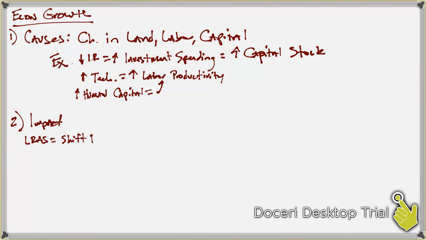Shift the LRAS to the right, and that's going to be an increase in growth. Okay? The other would be on our production possibility graph, and we would shift, even though it's still right, a lot of times with the production possibility graph, we say we shift it outward.